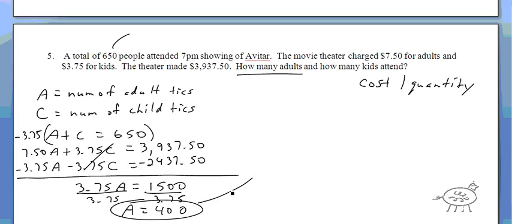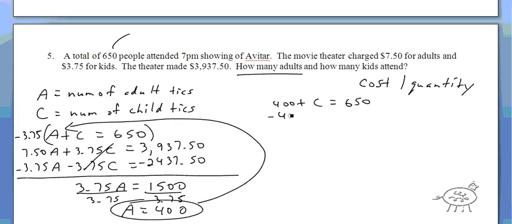And of course the easiest one to plug back into is the first equation. So it's A plus C, or 400 plus C is equal to 650. Subtract 400 from both sides. And I got C is equal to 250.